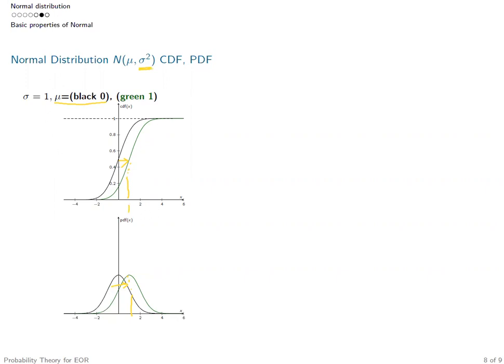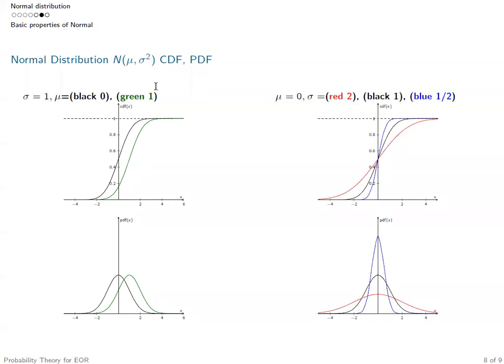Okay, so the average changes. And what happens if we fix mu to 0 but choose different values for sigma, for the variance? What changes can we observe from the graph? You can pause the video at this moment and try to figure it out yourself. Well, the differences are quite interesting.